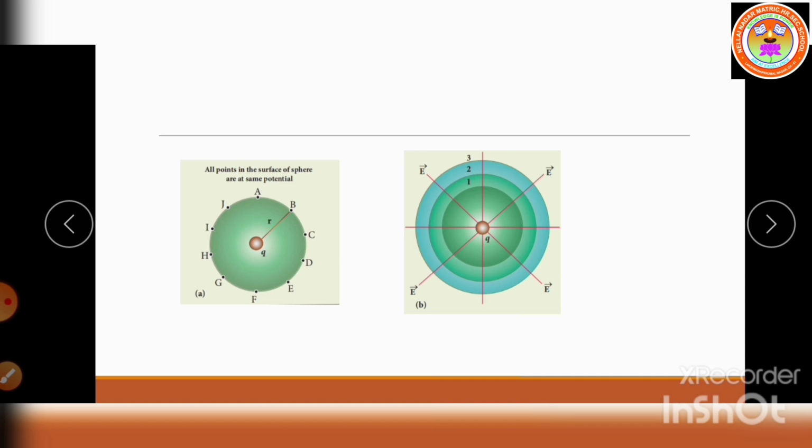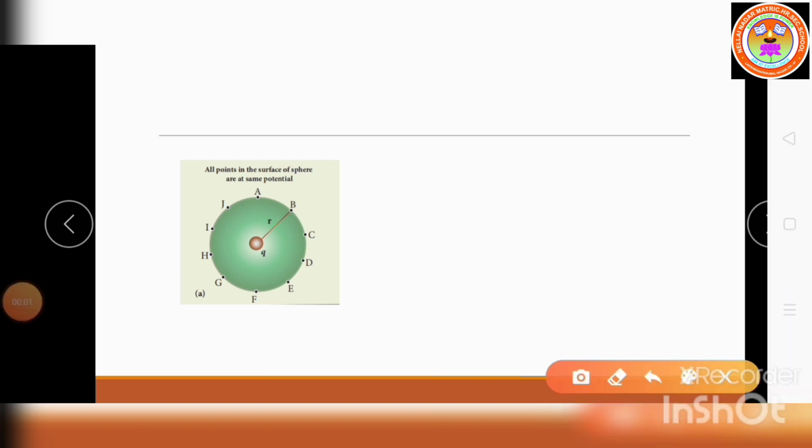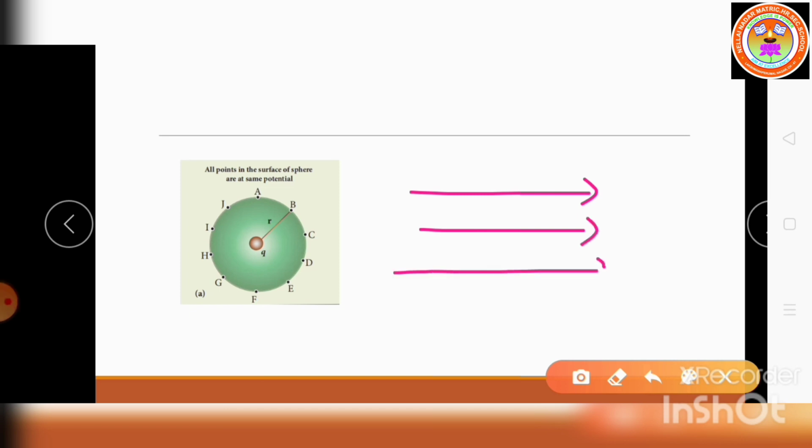Next, I am going to consider a uniform electric field. In this uniform electric field, I consider one plane. For this plane surface, at any point if we calculate the potential, it is the same.